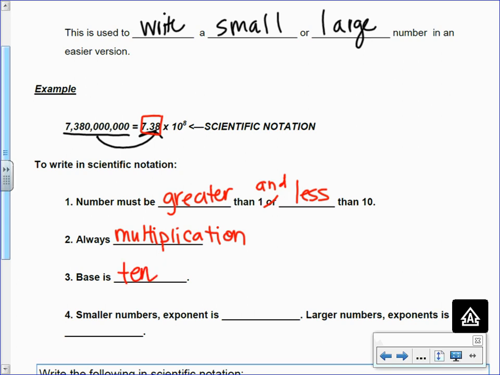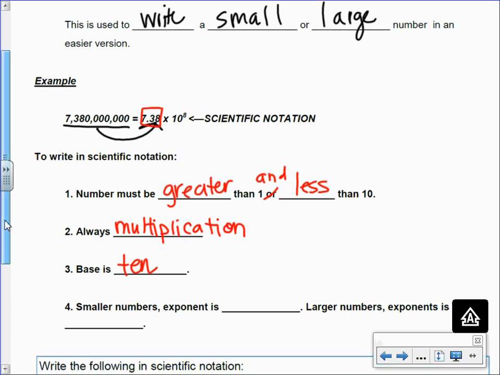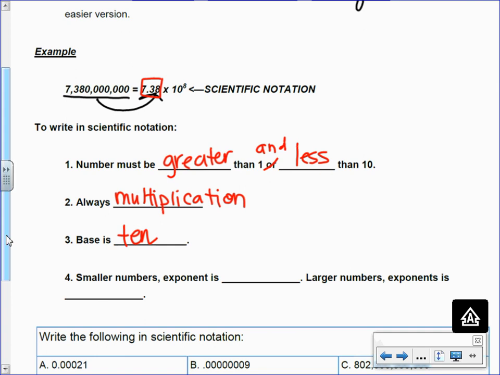We're basically getting rid of zeros. If you want to represent a super little number, like an organism that's really small, your exponent's going to be negative. Larger number exponents are positive.